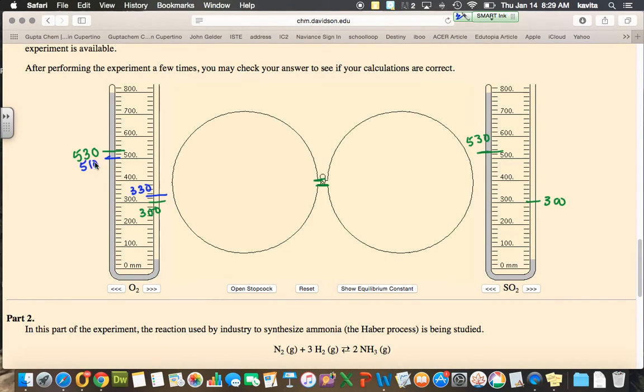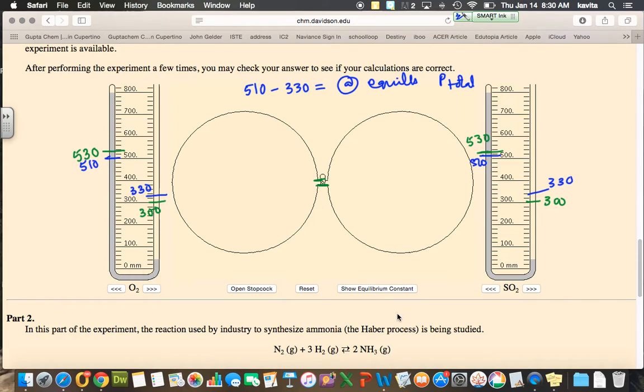So this value in blue, 510 minus 330, is at equilibrium, and this is P total. And that will be the same on both sides, 510 and 330. And that's at equilibrium. So the green values are initial and the blue values are at equilibrium.